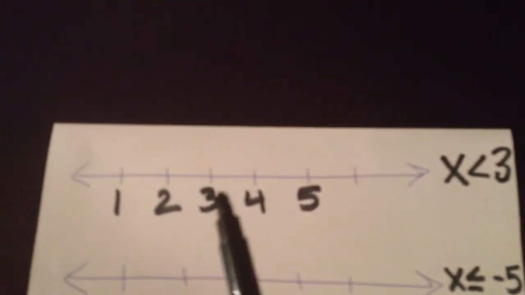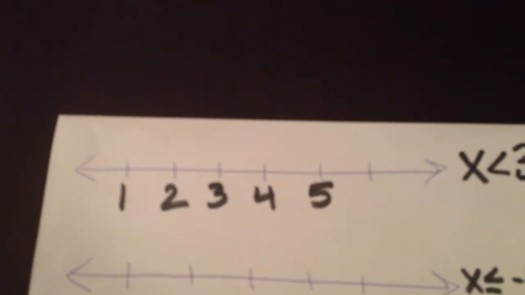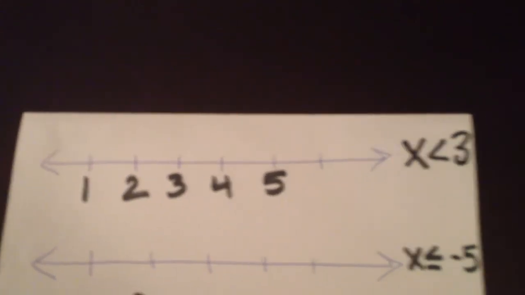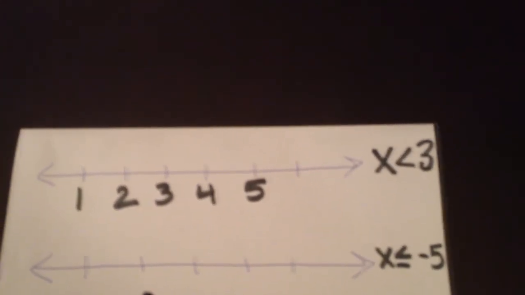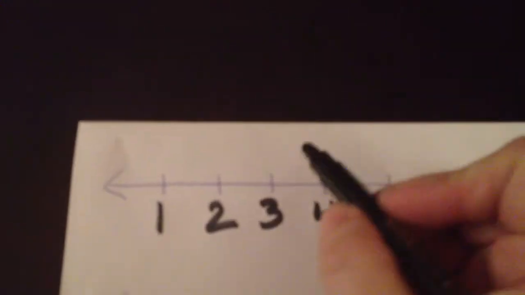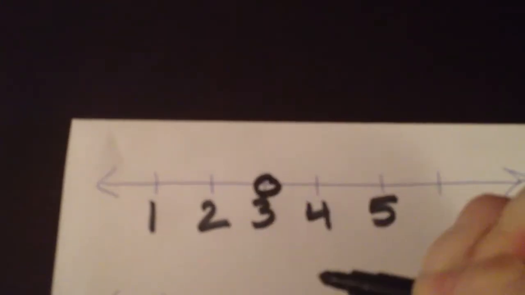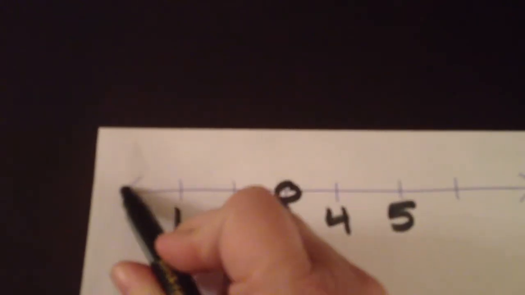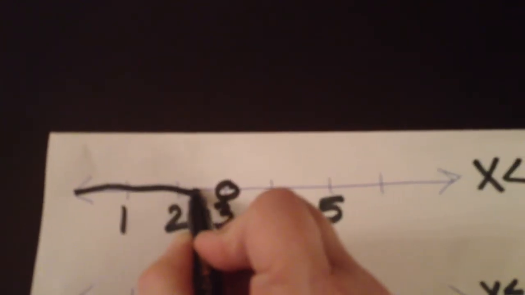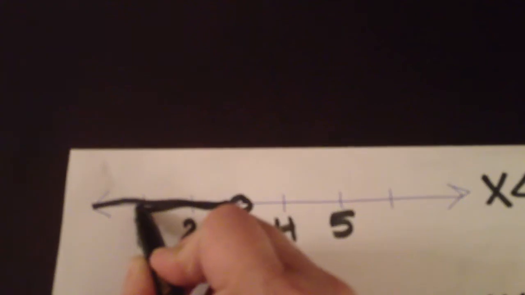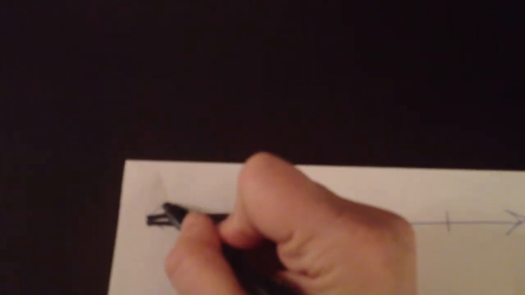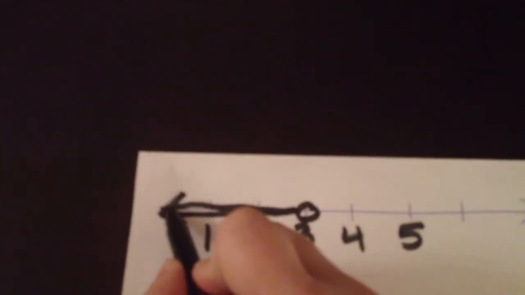So we're not going to put a dot on the number line at 3 because it cannot be equal to 3. But it can be everything less than 3. So what we're going to do is put an open circle on the 3 like this, and then shade our number line, everything to the left, everything that is less than 3. And shade in that line.